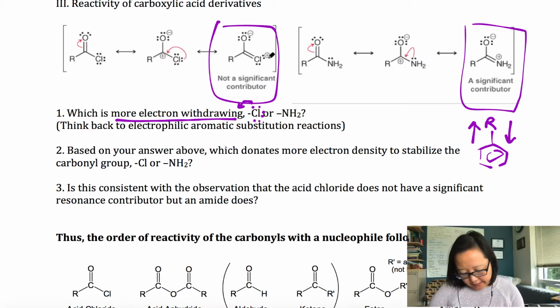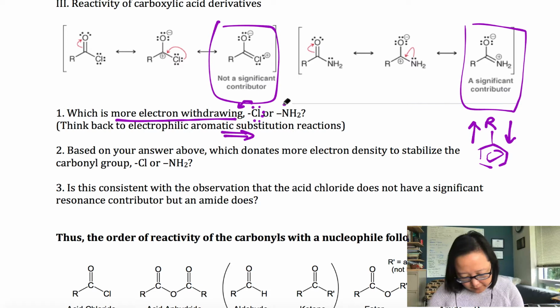So instead, we thought of chlorine and other halogens as slightly withdrawing, and that explained why they were slightly deactivators. So we think of chlorine maybe a little bit more like an electron withdrawing group at times, although it is an ortho-para director, so it does have that donating ability too.